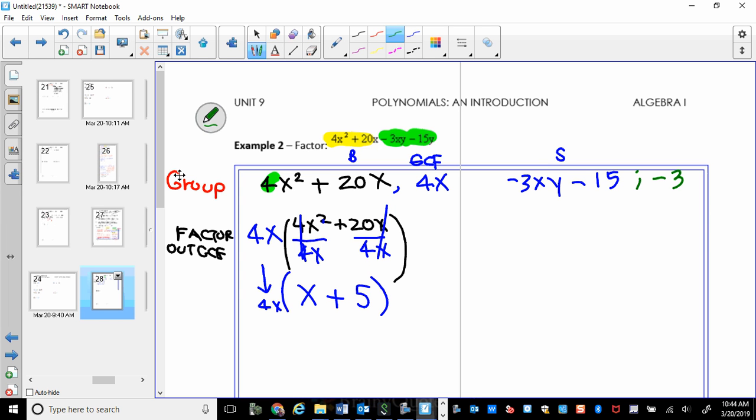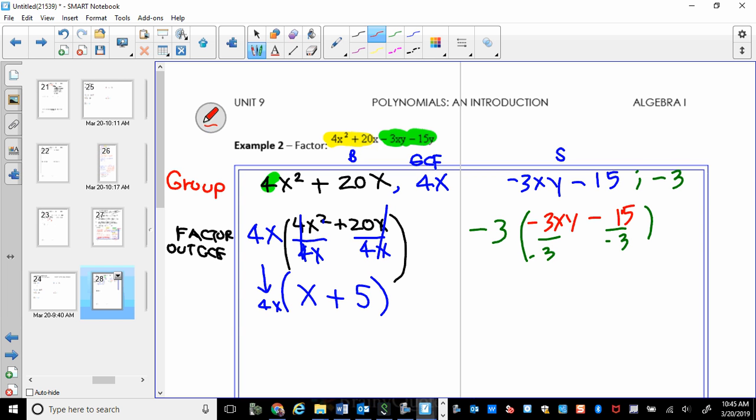They have to be in the same term. So only negative 3. So I come out here, negative 3 times negative 3xy minus 15.